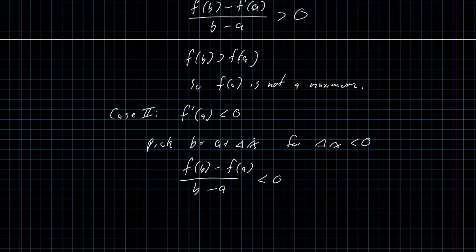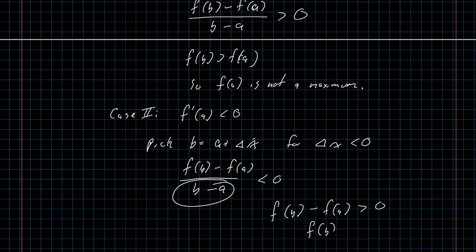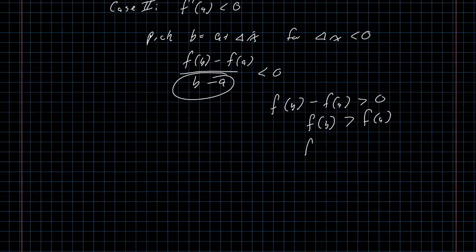If delta x is less than zero, remember b minus a is delta x, that's less than zero, which means again that f of b minus f of a must be positive, which means that f of b is greater than f of a, and f of a is not a maximum once again.